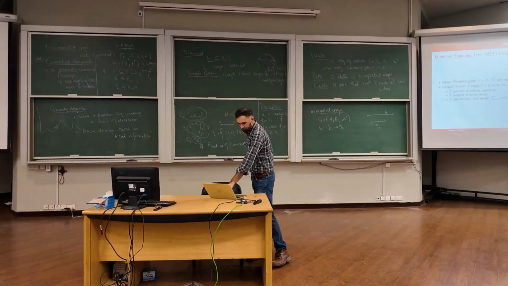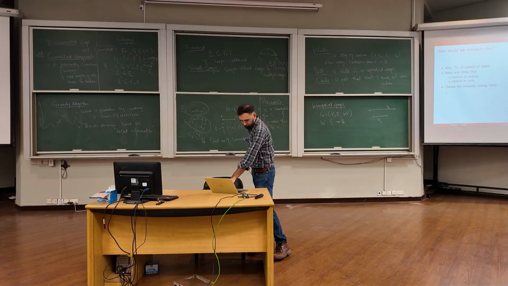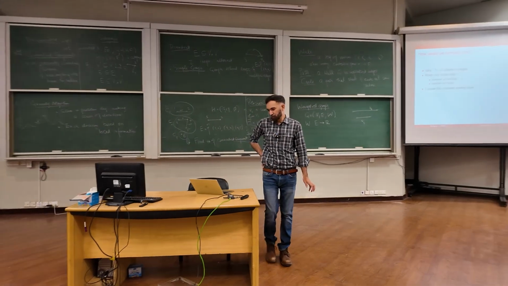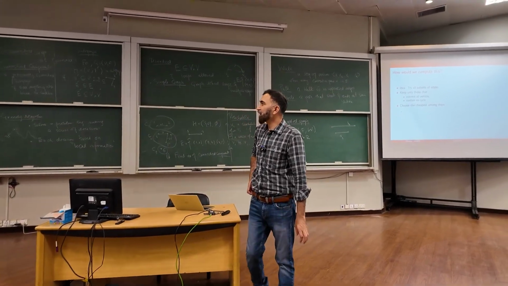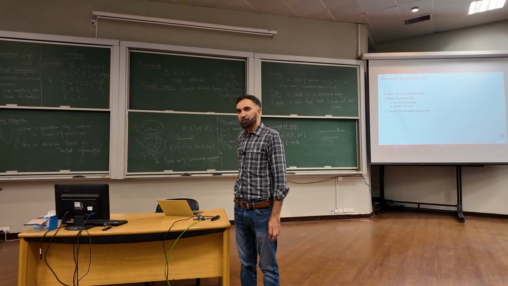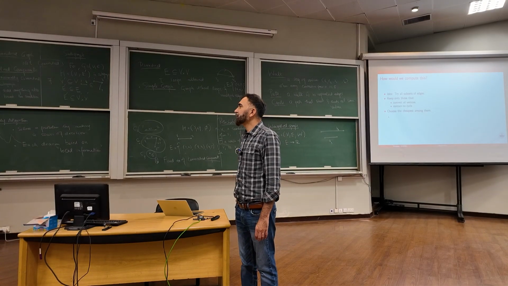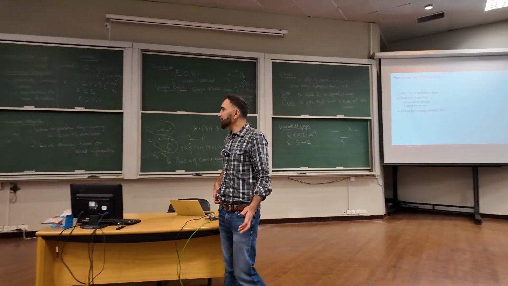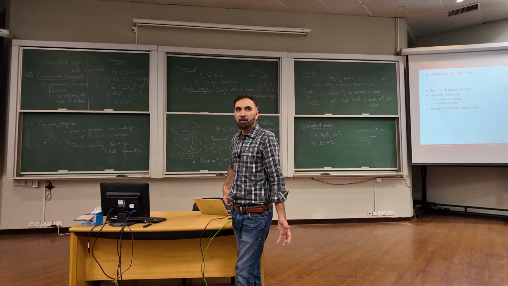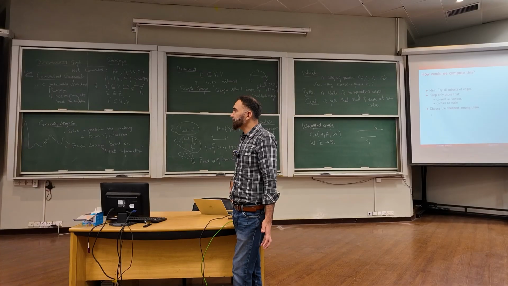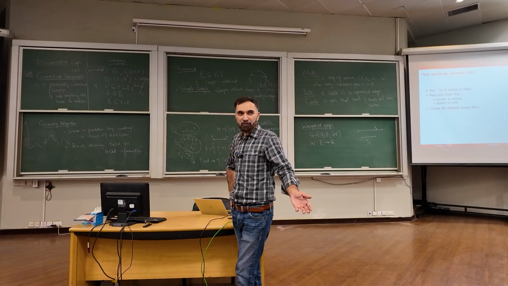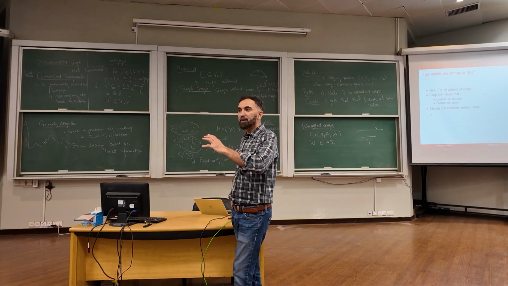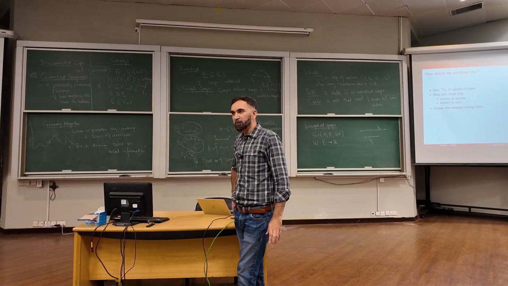I'm gonna just give you the brute force algorithm, which is that you try all possible subsets of edges and see whichever works. Okay, so for each one of them, you check if this subset of edges connects all vertices, and then you compute its cost, and then you pick the subset that gives you the minimum possible cost.